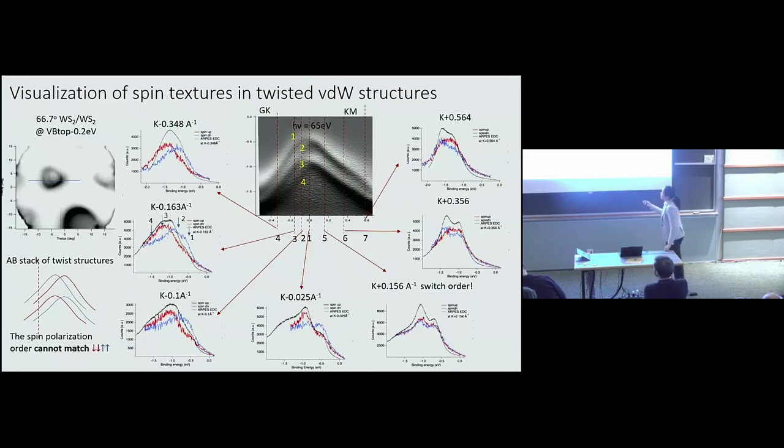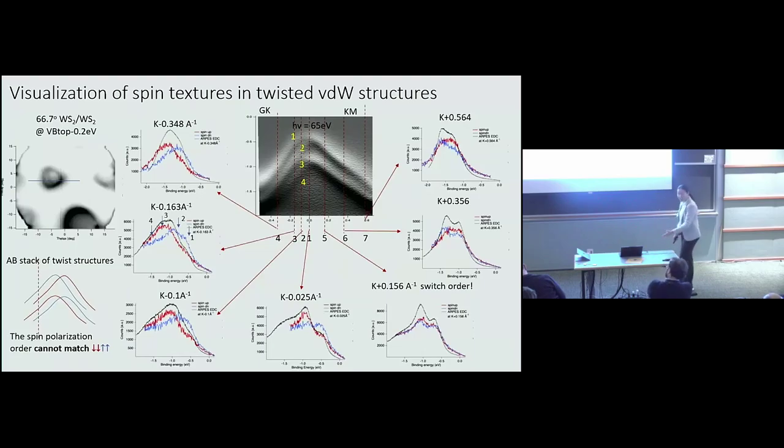This is a 67-degree twisted WS2 structure, and if you take a plot of energy versus momentum at this cut, you will see the K band on an upper branch and a lower branch. At each K band, you will see two features, which belong to these two twisted layers. So all of this makes sense.